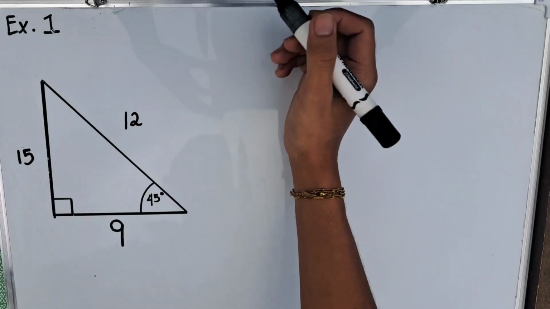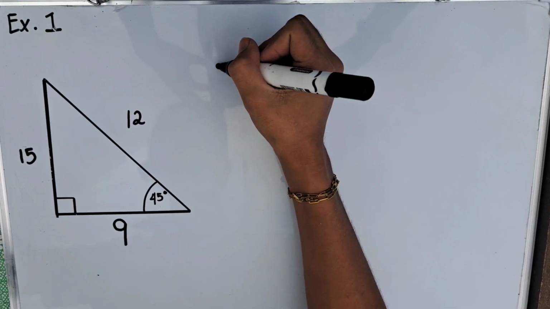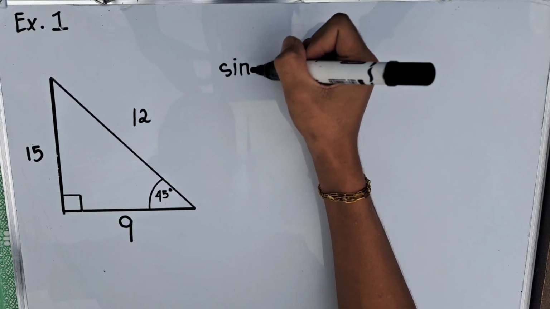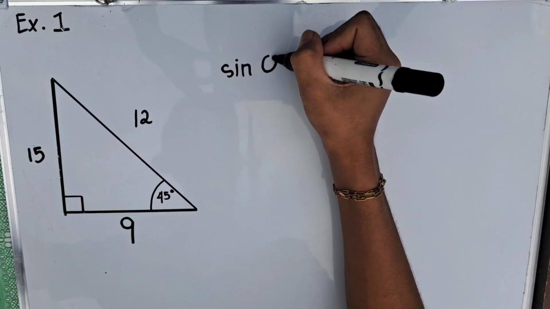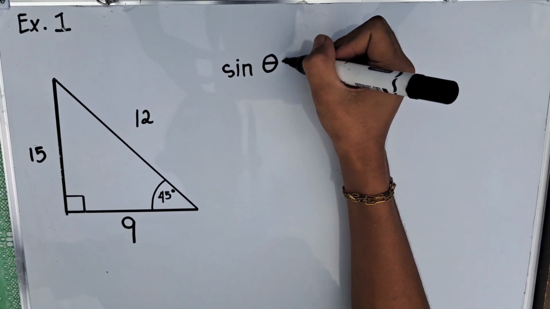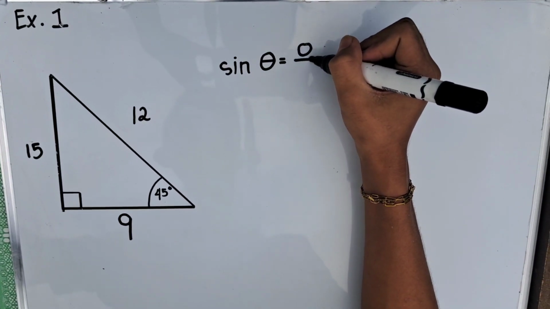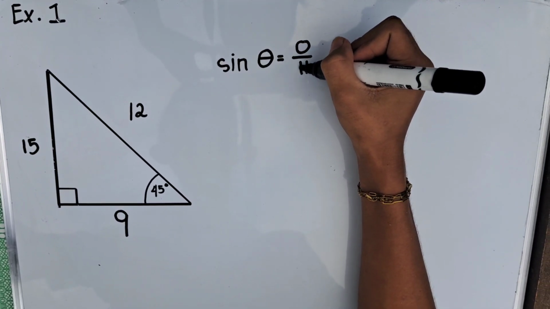So first we need to solve for the sine. As we all know, sine theta is equal to opposite over hypotenuse.